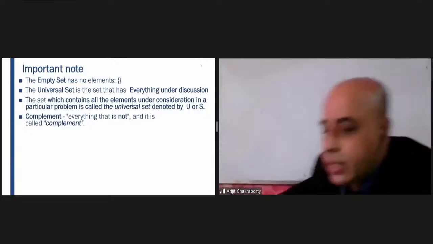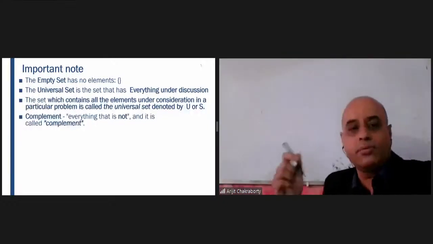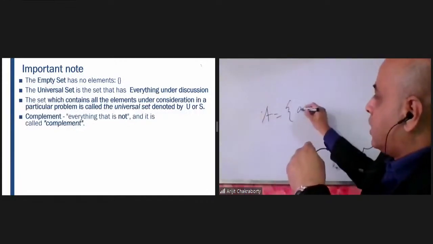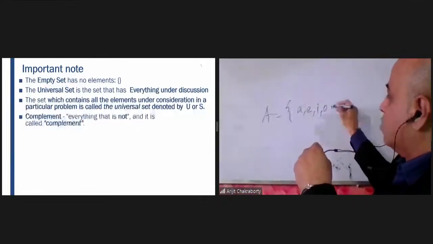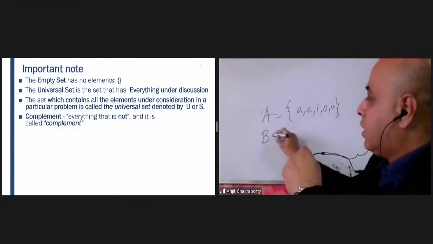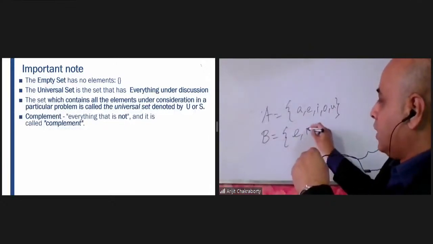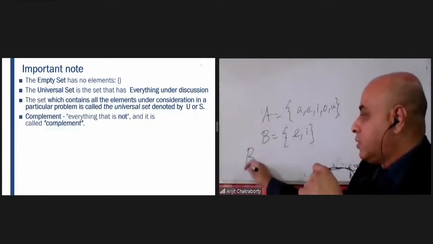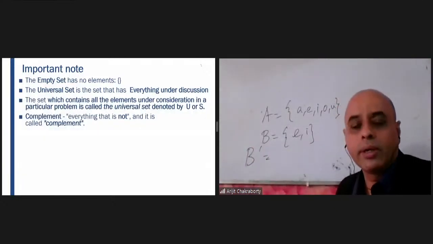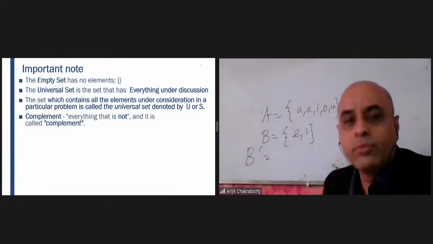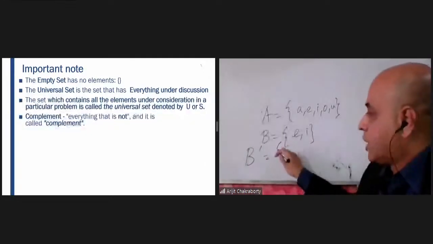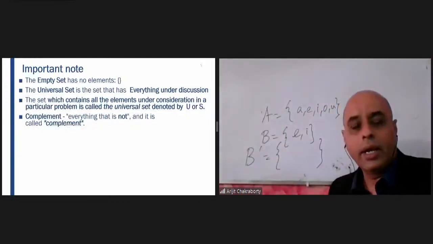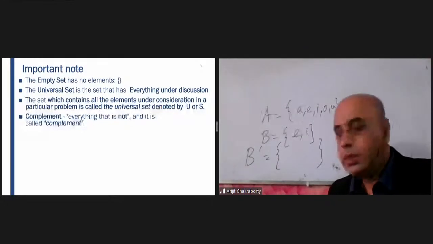Let me give one more example of a complementary set. Set A contains A, E, I, O, U. Set B has E and I. If I ask you what is B complement, how do you find it? Very simple. First let me open a set, I will create the braces, and I will find out what is B dash.